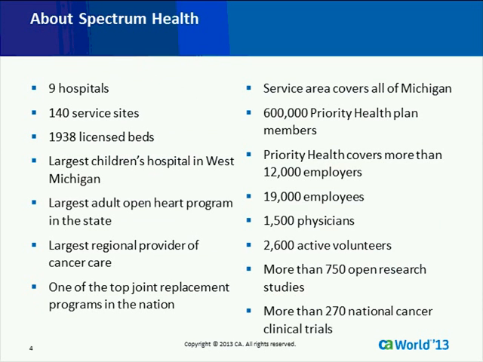We also have an insurance group, with 600,000 members within our insurance plan across the state. The company has, on the whole, 19,000 employees with 1,500 physicians, 2,600 active volunteers, more than 750 active research studies, and 270 national cancer clinical trials in progress.